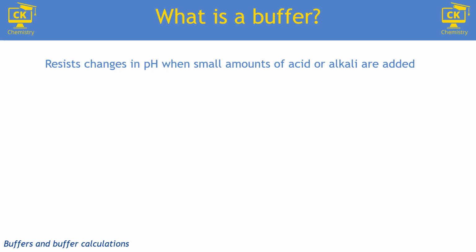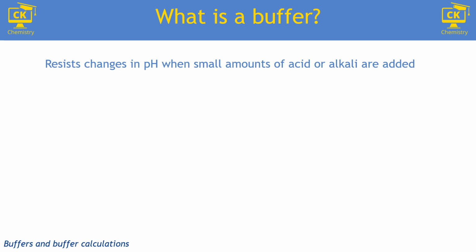That makes them super important for pretty much anything biological, because enzymes and anything in a living system are super sensitive to changes in pH. So everything in your body is in a buffer solution, basically to resist changes in pH. The small amounts is really important, and we will be coming back to that lots of times when we look at the explanation later on.